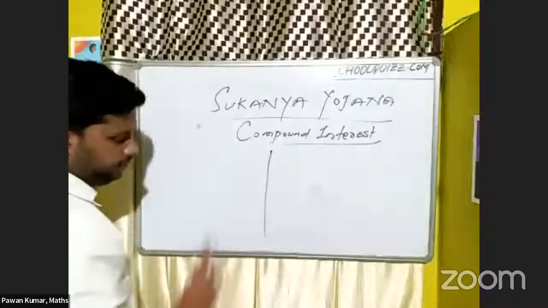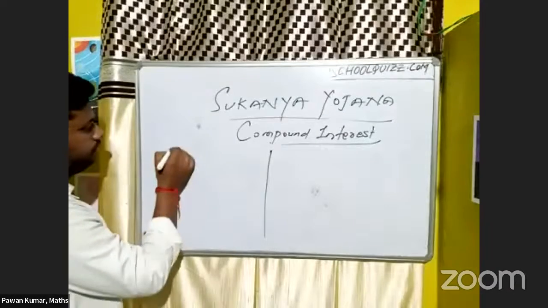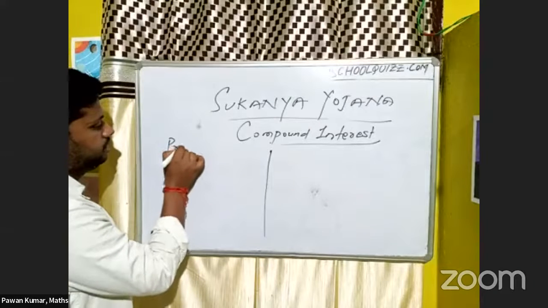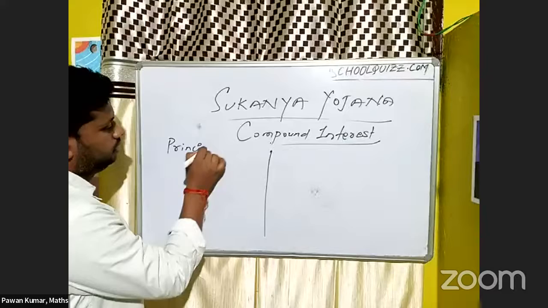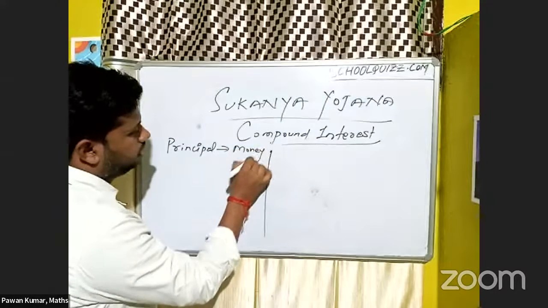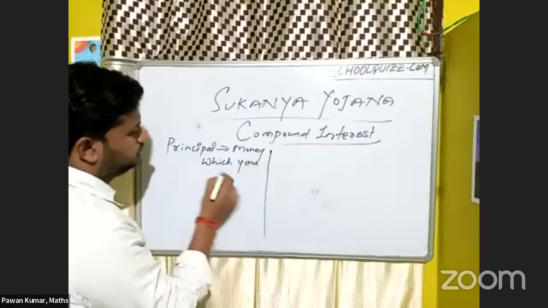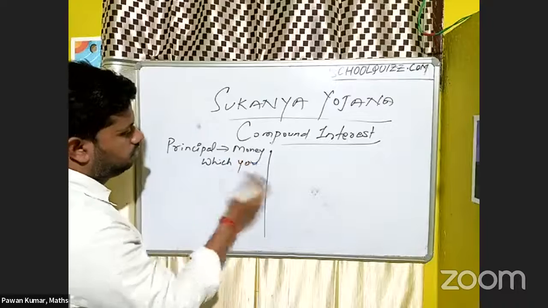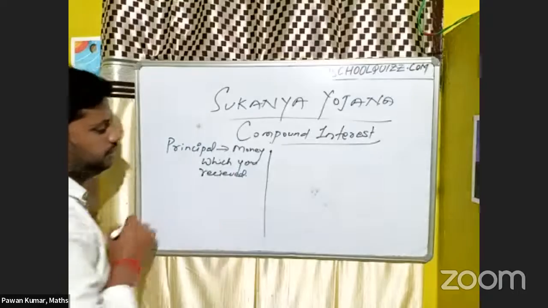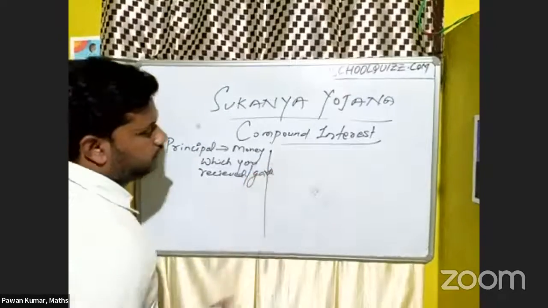So see, suppose I borrow some money; there are some terms here. The first term is the principal. Principal is the money which you received or you gave to some person for interest.